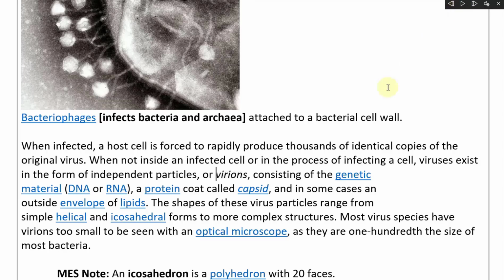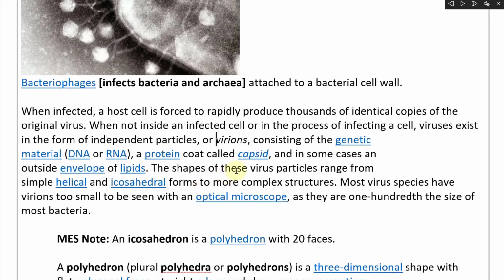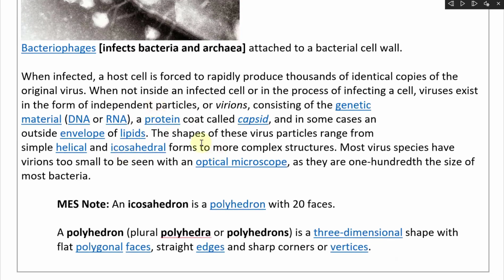Consisting of the genetic material, DNA or RNA, a protein coating called a capsid, and in some cases, an outside envelope of lipids, or fats. So yes, it's just a little bundle, a little ball of DNA and protein and some fat.